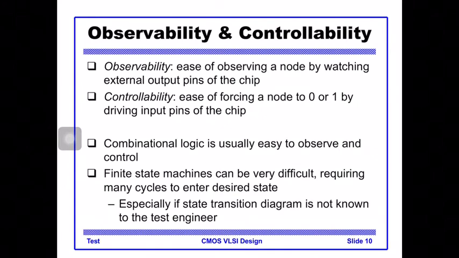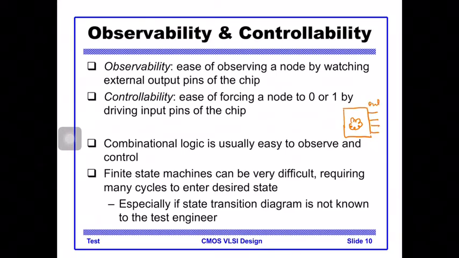Okay, so what do we do when we have this model? So what we want to do is we want to observe and control the lines or the nodes, right? So observability is the ease of observing a node by watching the external outputs of the chip. So you know there is a chip here, and there is the wires inside, and you have your outside world.